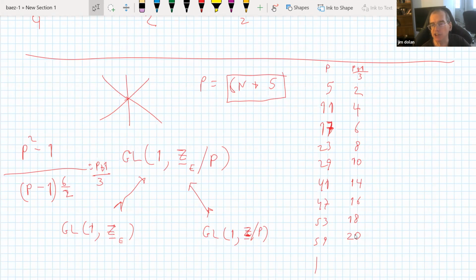The Gaussian integers is the base for quartic reciprocity, and the Eisenstein integers is the base for cubic reciprocity. That may have been how Gauss and Eisenstein were thinking about these things. They were trying to invent quartic reciprocity and cubic reciprocity.